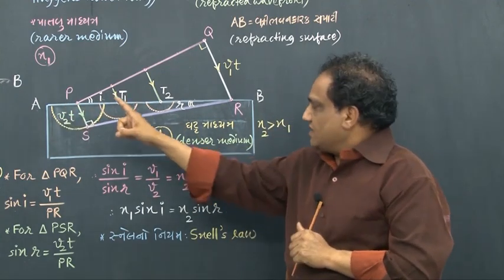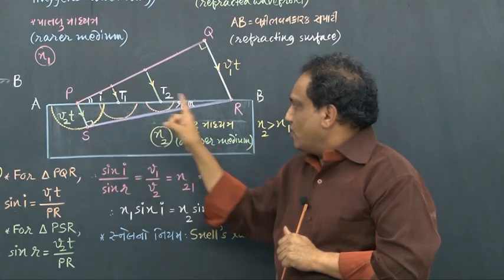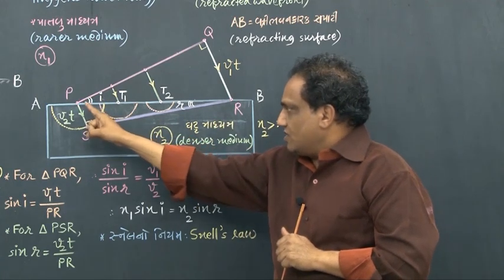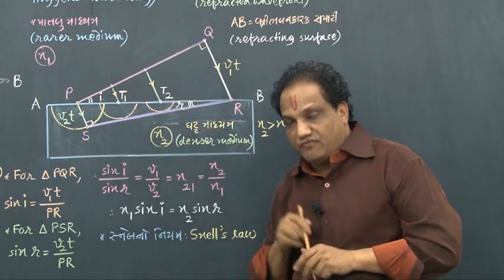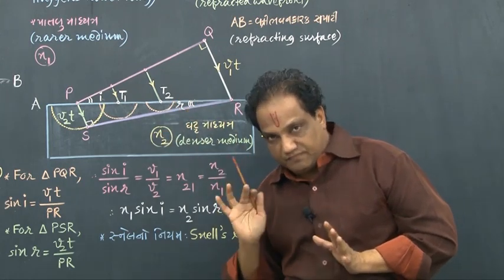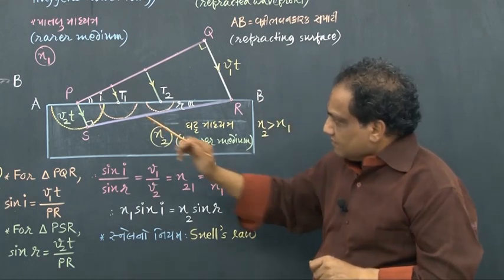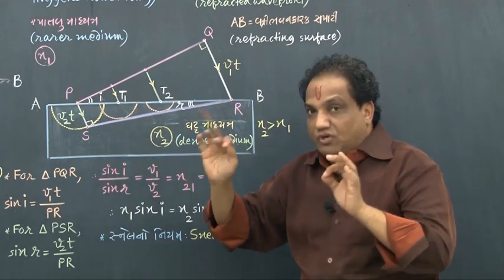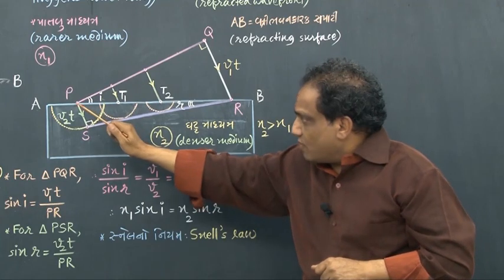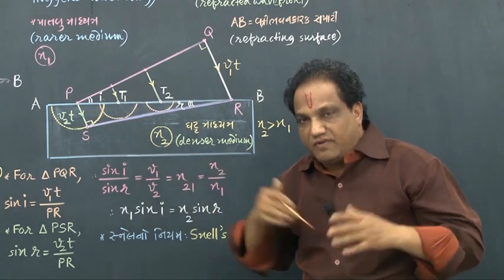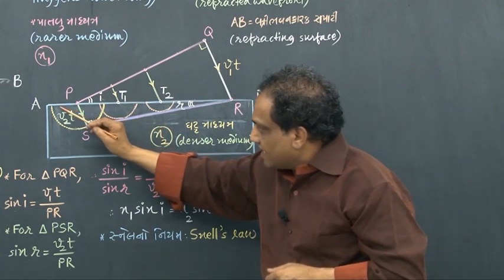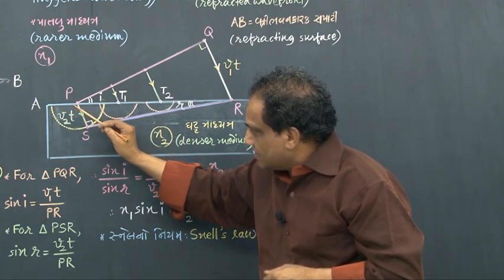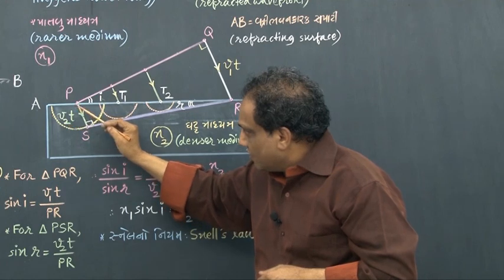As we proceed from point P to point R, all these points receive light energy consecutively, one after another, turn by turn. Right from t equal to 0 onwards, point P already started behaving like a secondary source, emitting secondary spherical waves in all directions.